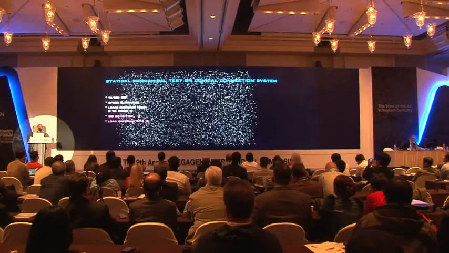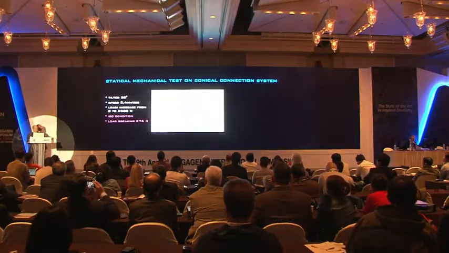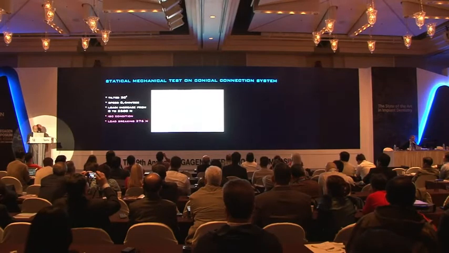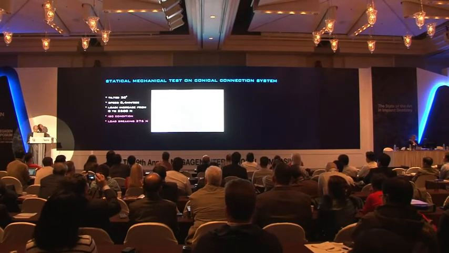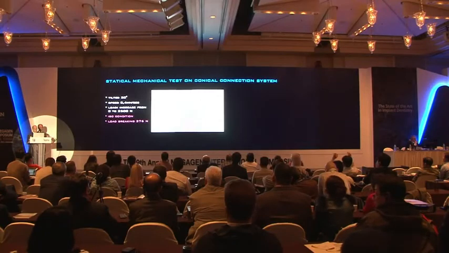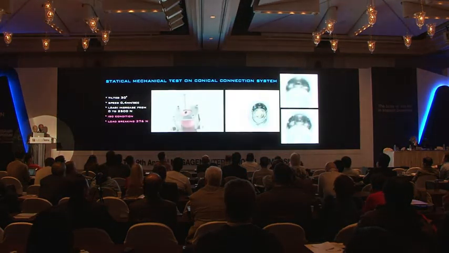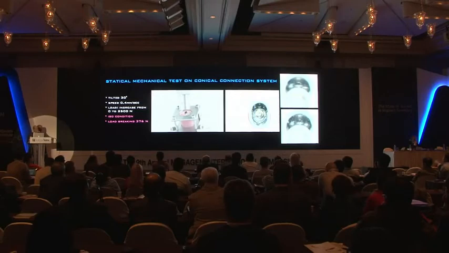To validate the biomechanical difference with or without subcrestal positioning, we compared the same conical connection implant with a static mechanical test. In the movie, we can see an implant positioned 1.5 millimeters below the bone, which is the requirement of the ISO test. In this condition, we have a breaking load of 3,376 newtons.